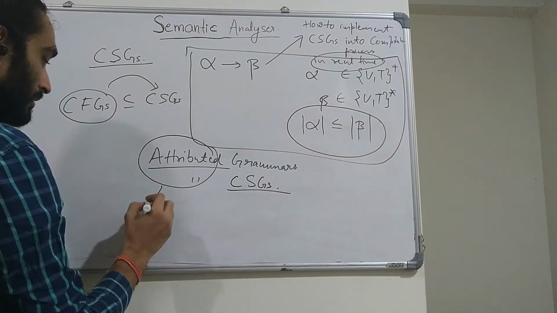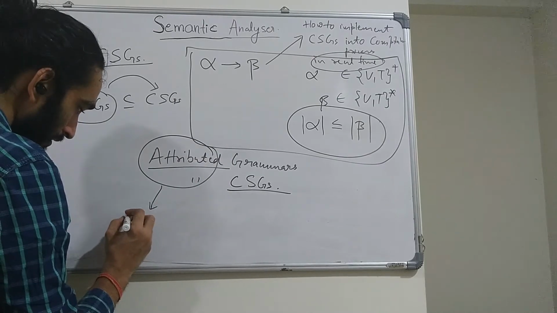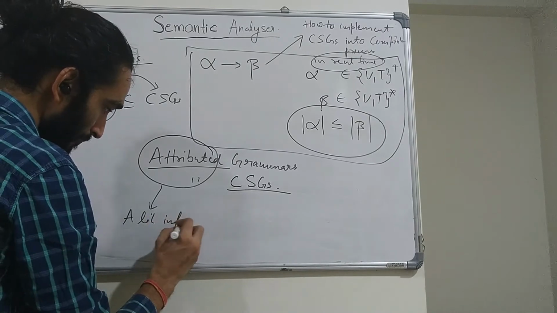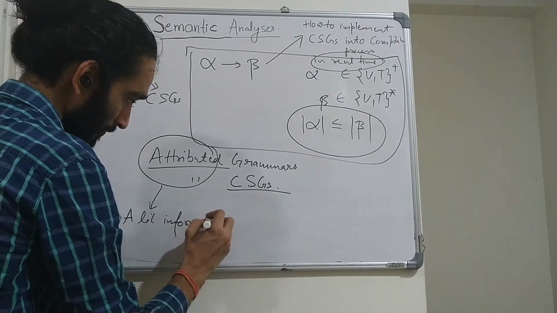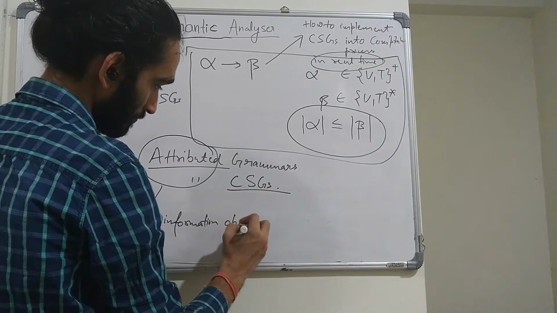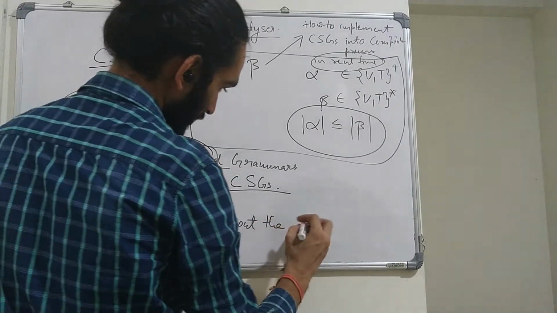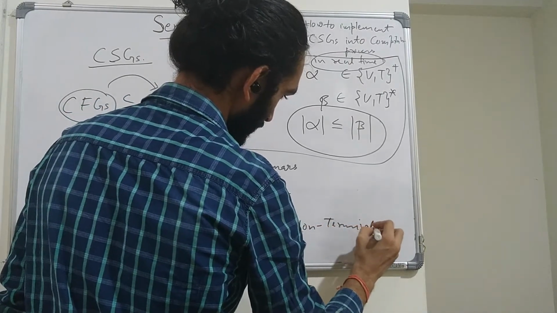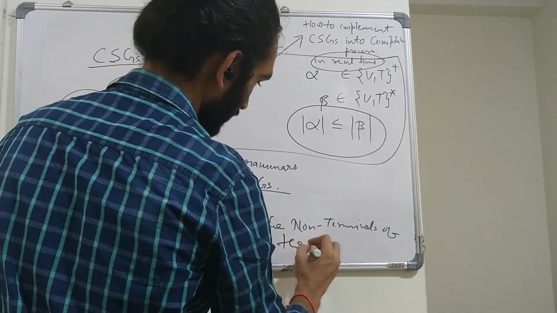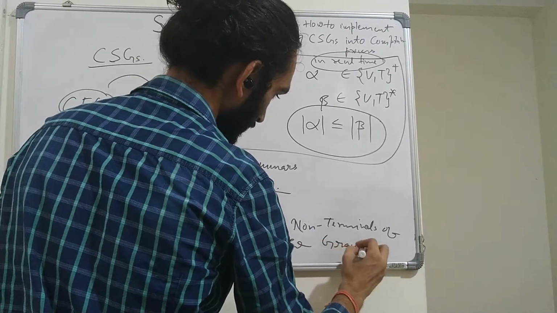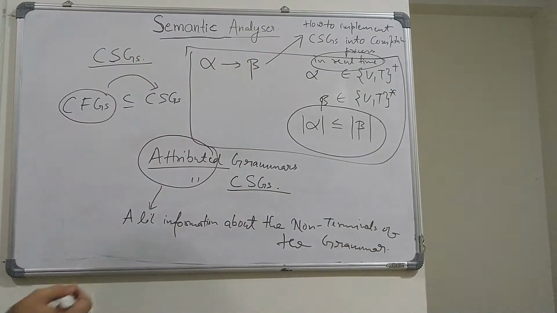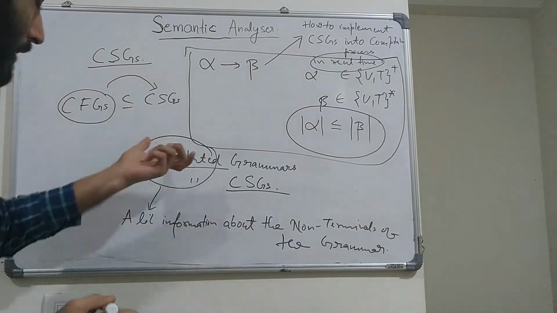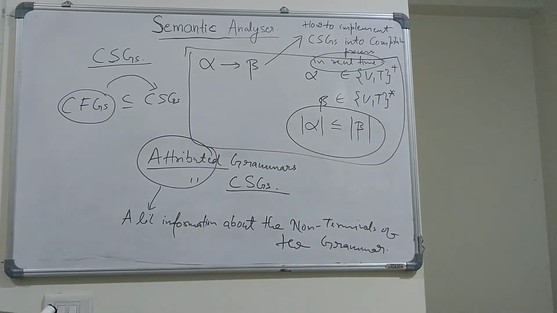Attributes are nothing but simply a little information about the non-terminals of the grammar. We will understand better what an attribute is once we come to an example.